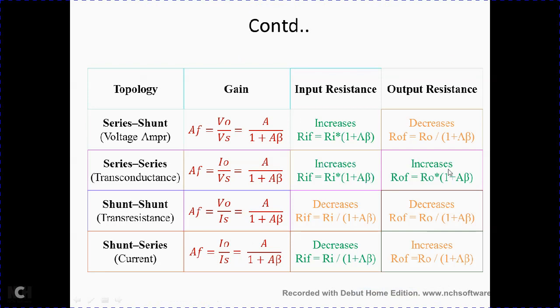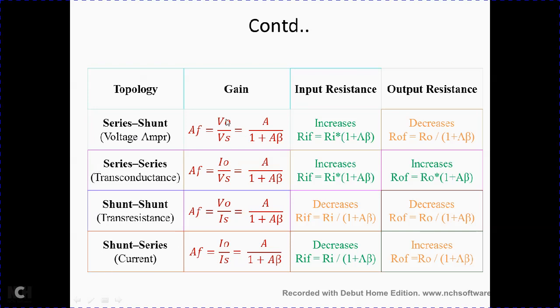So this is a consolidated table of parameters of feedback amplifiers for the different topologies. These are the different parameters: gain, input resistance, output resistance. You can see gain remains the same; you can derive this expression. It remains the same irrespective of the topology or amplifier you have.